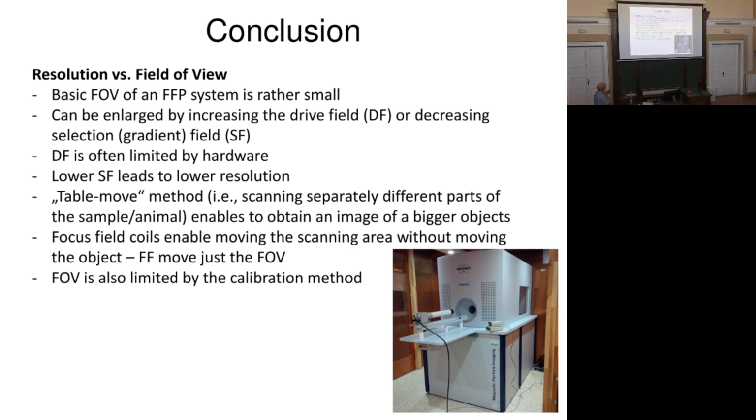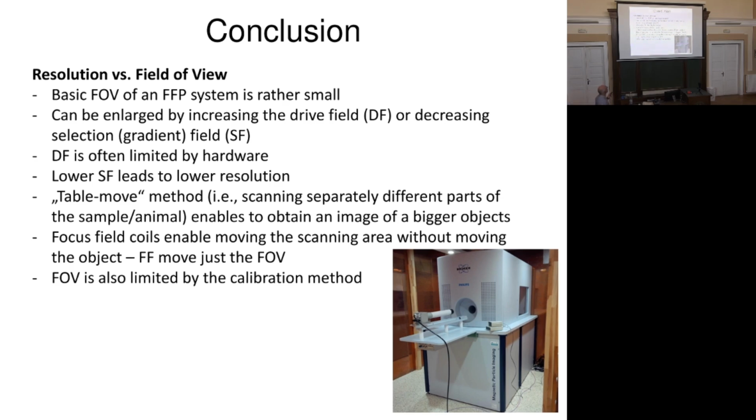So let me just conclude this. Basic field of view of the FFP system is rather small. It can be enlarged by increasing the drive field or decreasing selection field, but in this case you lose something. Drive field is often limited by hardware.